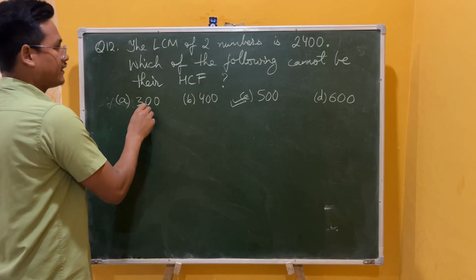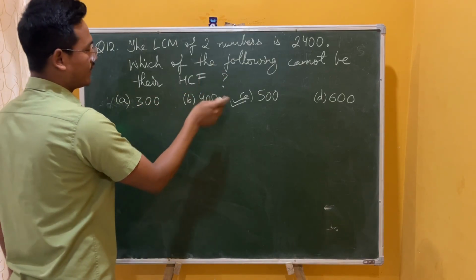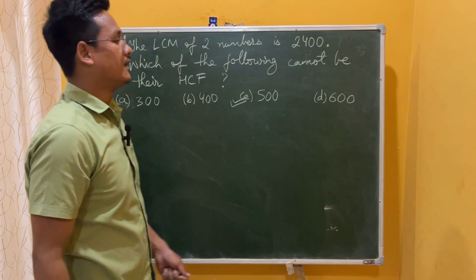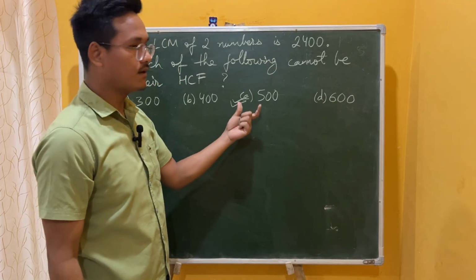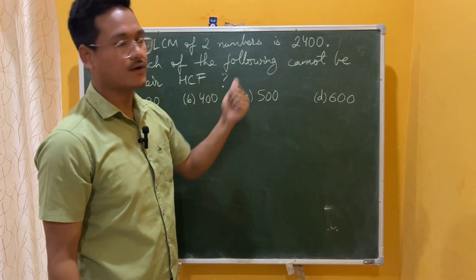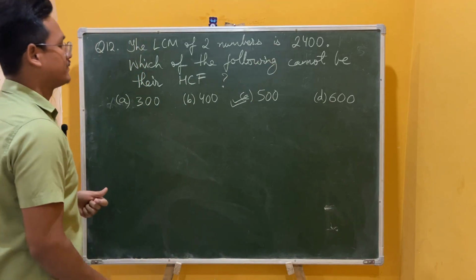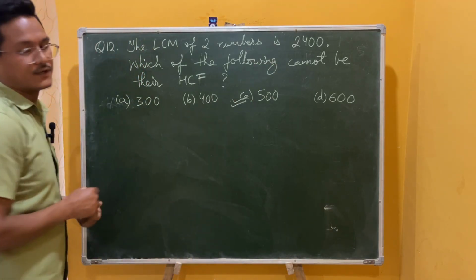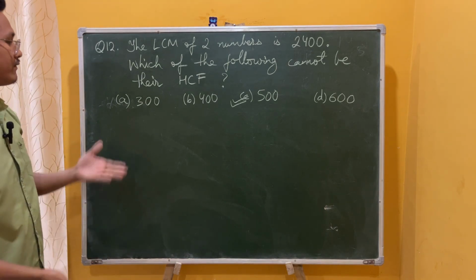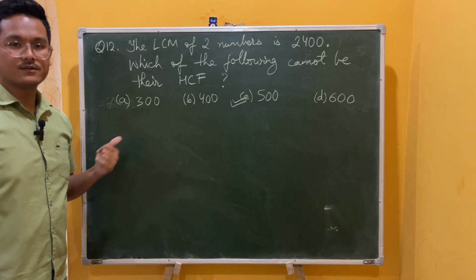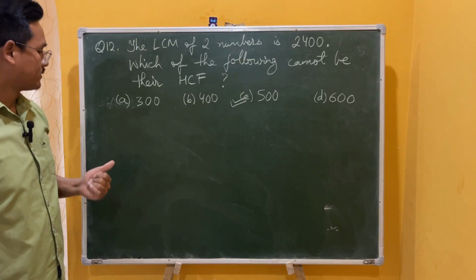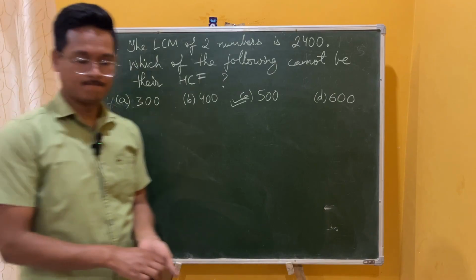Okay, 300 divides 2400, 400 divides 2400, and 600 also divides 2400. So 500 is the only one which does not divide 2400 exactly. That is why the answer is 500. So if you see this kind of question, know this idea and answer the question. Okay, so let's move on to another question.